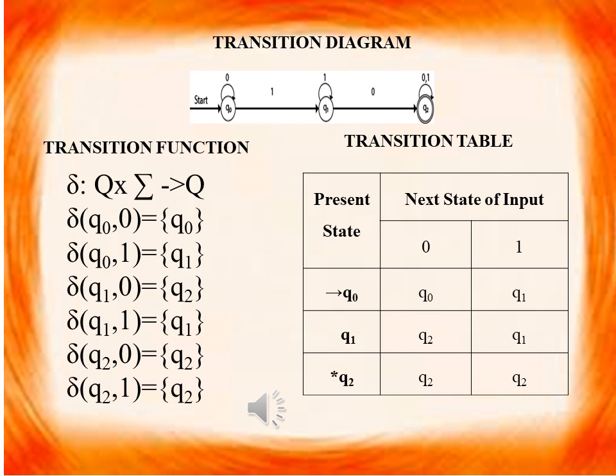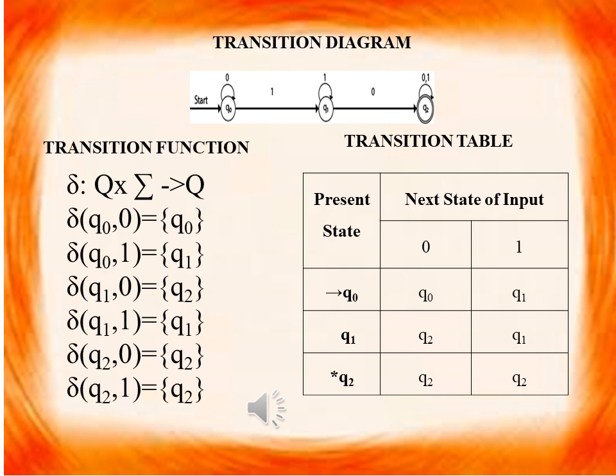In the next state of input, 0 and 1 symbol is representing. Q0 and 0 gives the value Q0, that is a self loop. Q0 and 1, that is we are giving the input 1 to Q1, so we are writing Q1 here. Q1 and 0 gives the input to Q2, so we are writing Q2 in this position.